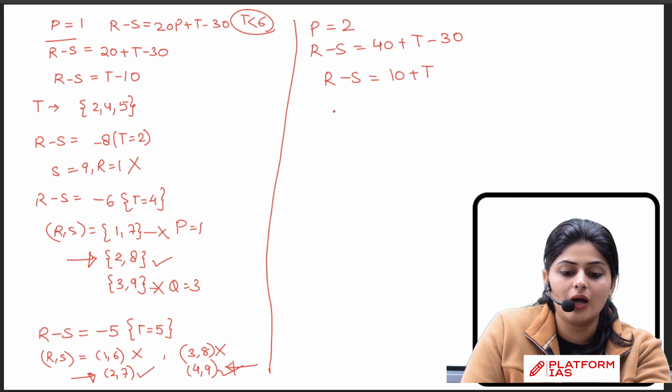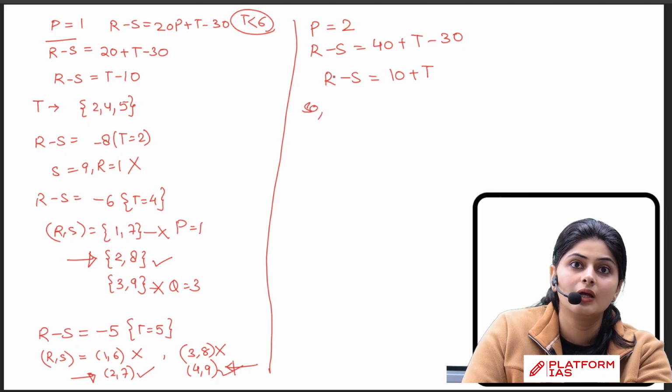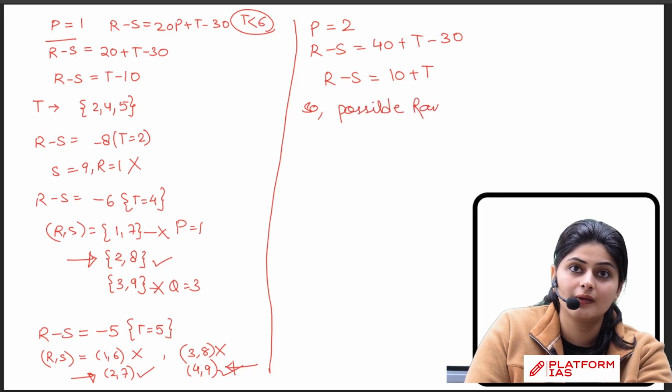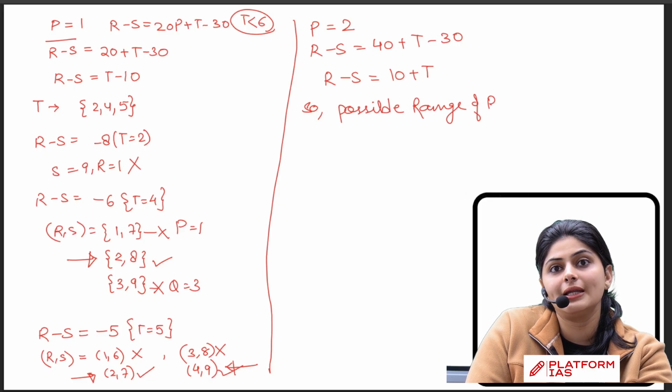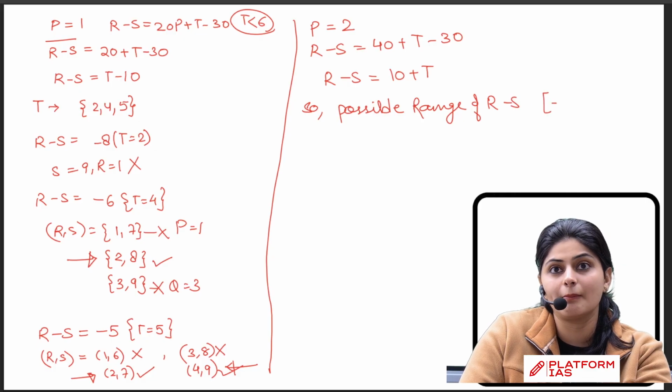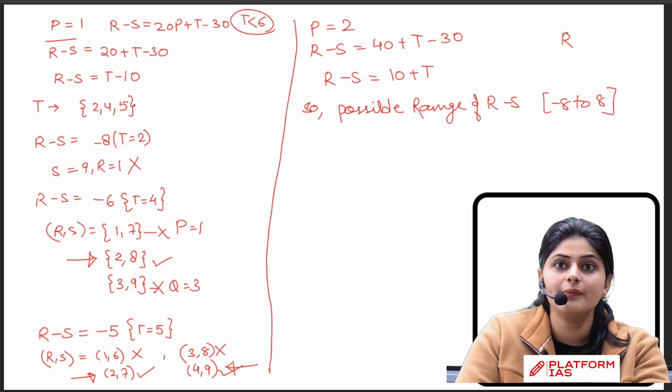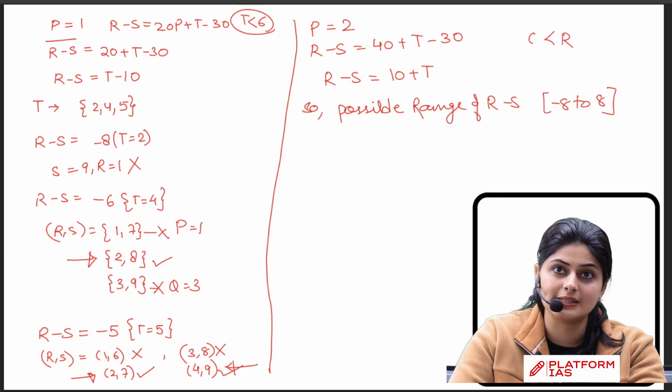Okay, now r and s are distinct numbers. So the possible range of r minus s would be minus 8 to 8. Why? Because r is greater than 0 and less than or equal to 9.